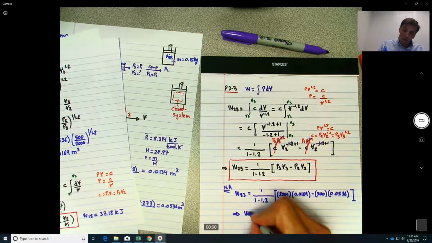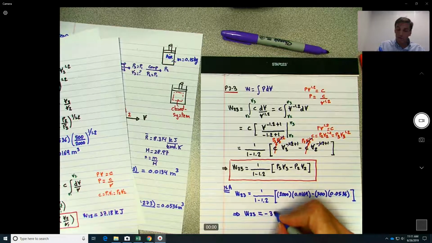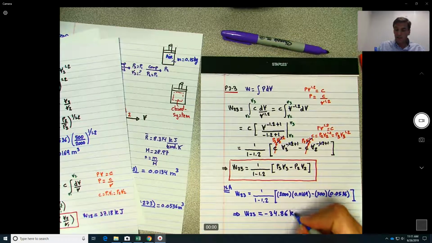So if you carry out the numerical calculation, you find this should be equal to minus 34.86 kilojoules.